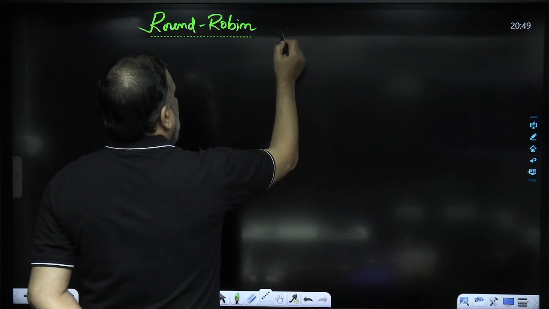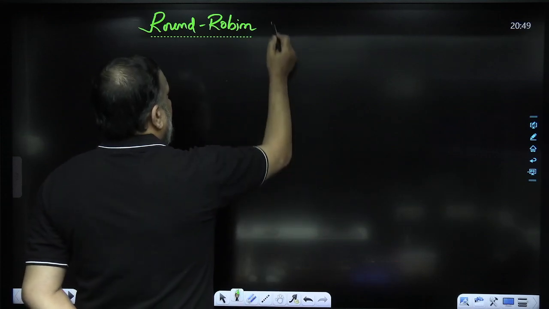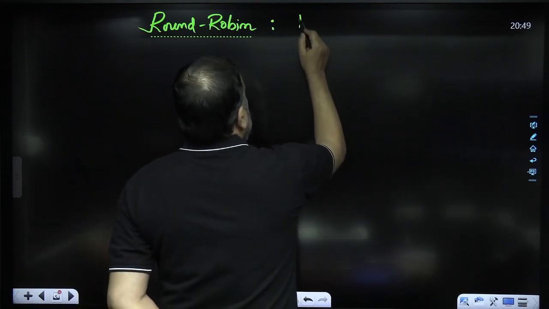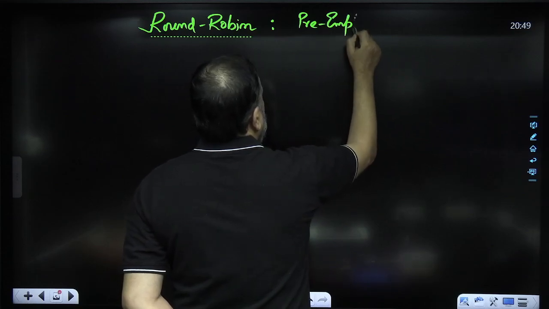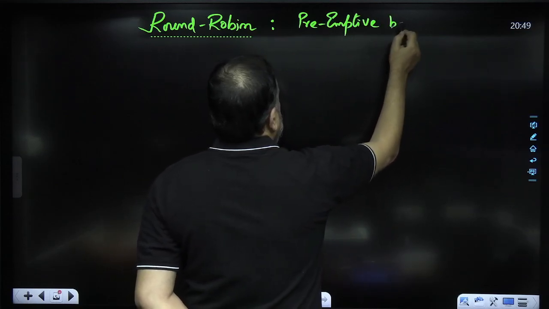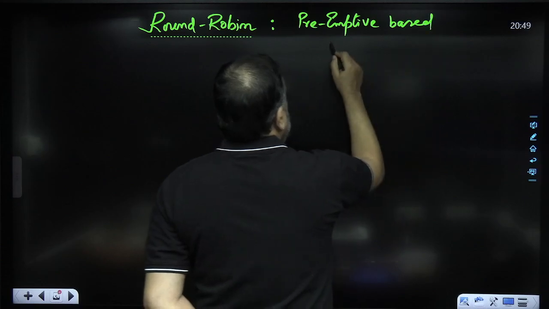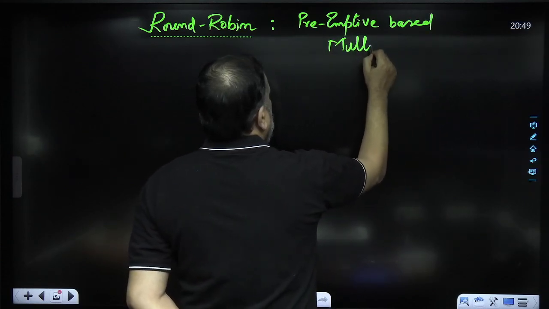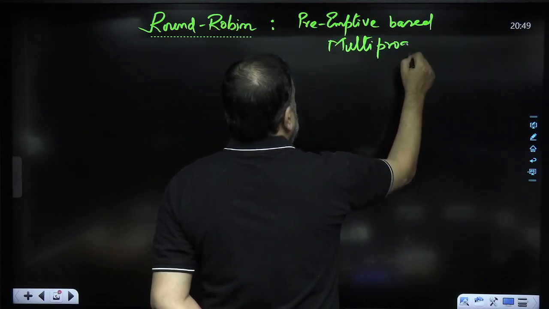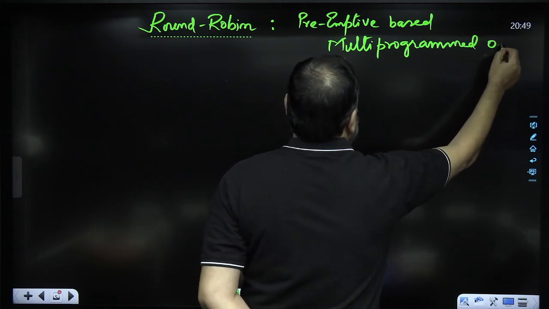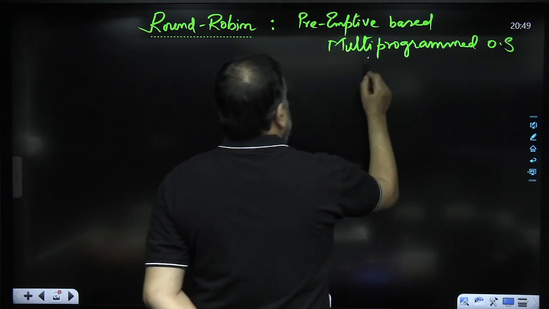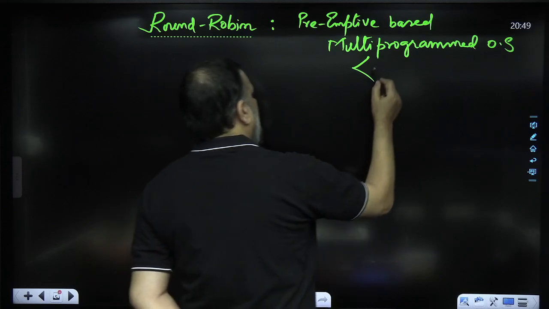To add that, I just want to mention that this is used in preemptive, multi-programmed operating systems. It is one of the preemptive techniques like SRTF, and preemption is based on time quantum.